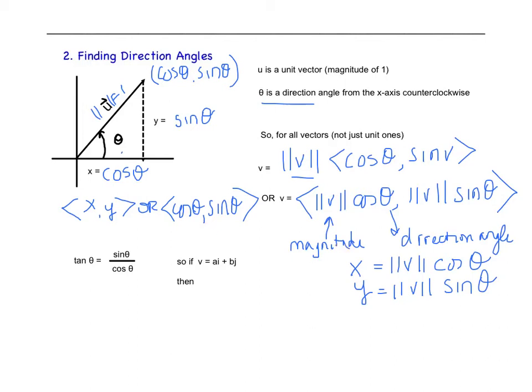All right, so now that we've done that, here we are at the tangent of theta. We know that the tangent of theta is sine theta over cosine theta, and we know that as an identity.